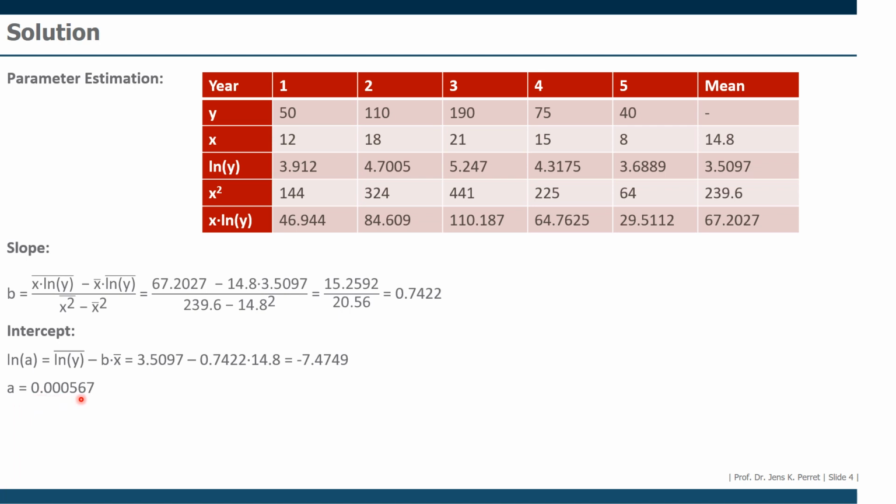This yields me the relatively small number of 0.000567. So the final model, just by combining this value for b and this value for a, gives me y is equal to 0.000567 times e to the power of 0.7422 times x. That's the final model I've been looking for.